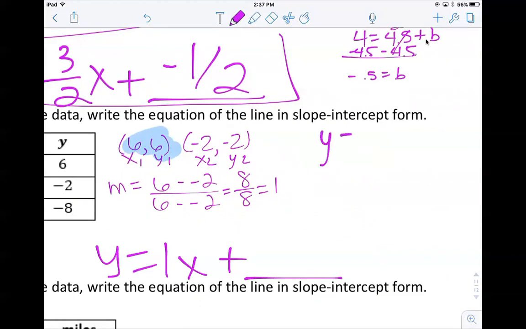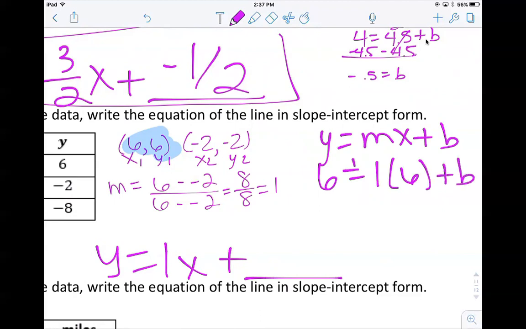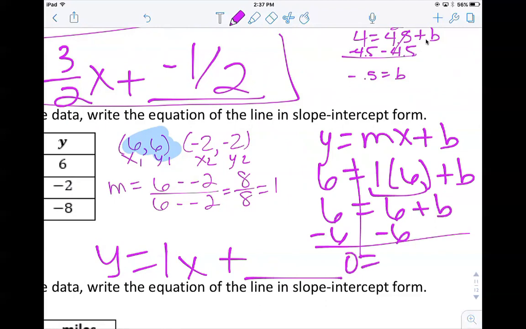So instead of y equals mx plus b, I'm doing 6 equals our slope 1 times 6 plus b. 6 equals 6 plus b. If we bring the 6's over, we end up with a 0. So we could write it as y equals 1x plus 0, or you could drop that altogether and just leave it as y equals 1x.